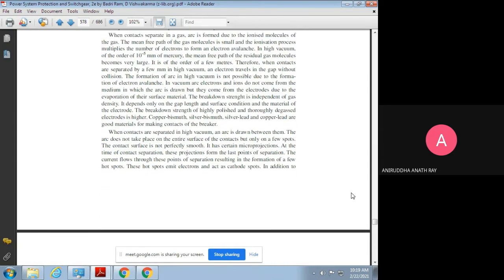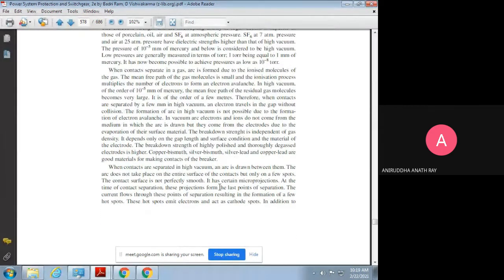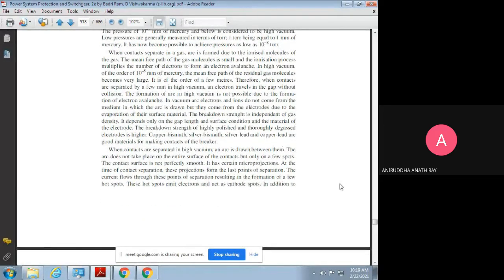Now, when the contacts are separated in a high vacuum, an arc is drawn between them. The arc does not take place on the entire surface of the contacts, but only on a few spots. The contact surface is not perfectly smooth; it has certain micro projections.